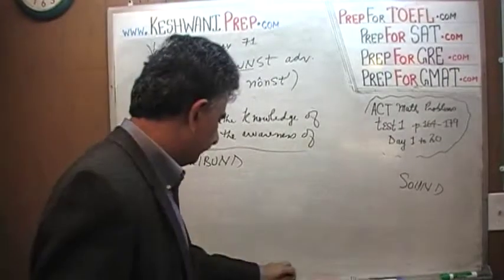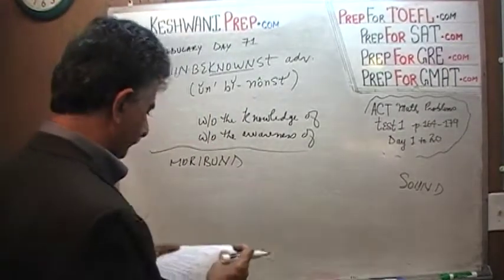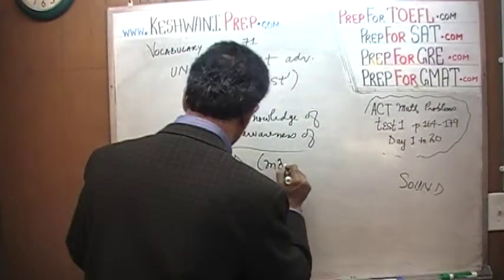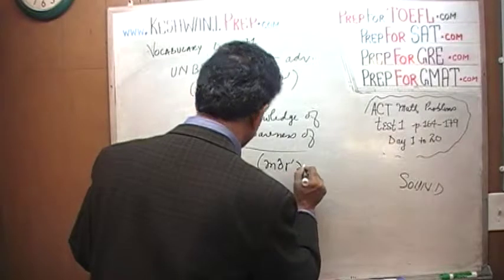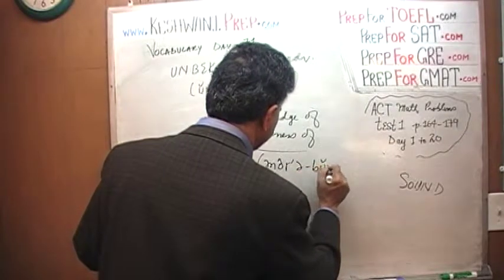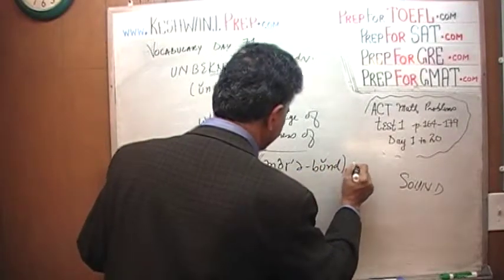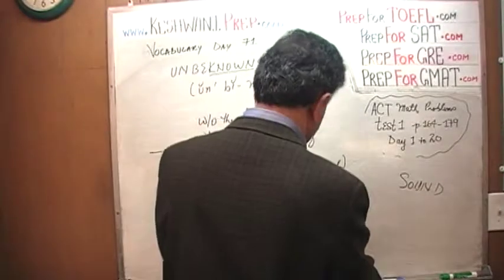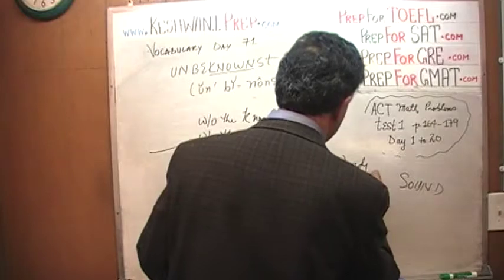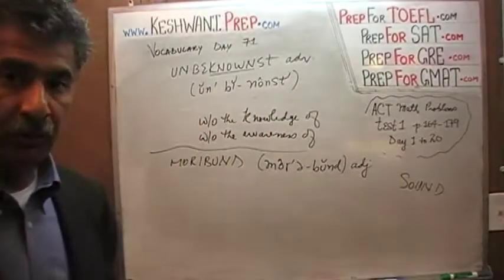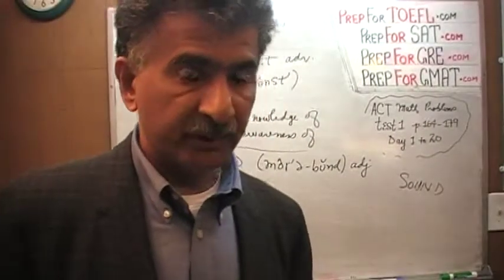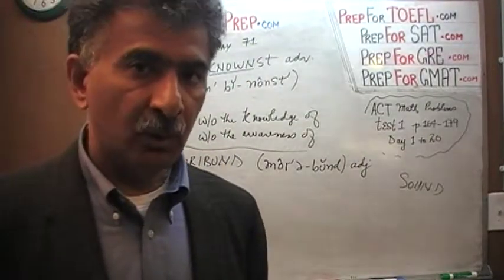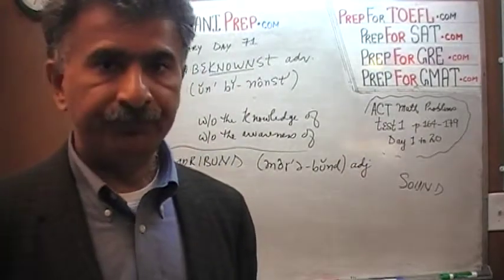What does moribund mean? The word moribund, of course, is related to the word morbid, and both of these words actually come from the French word, or Latin word if you like, mort, M-O-R-T, which means to die.